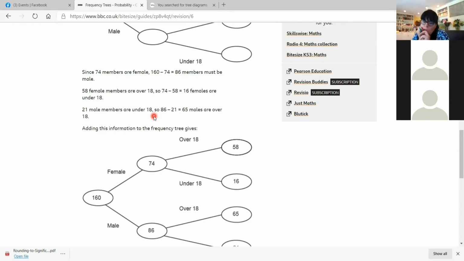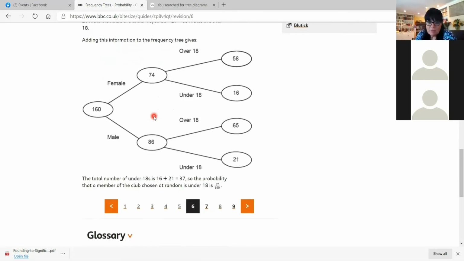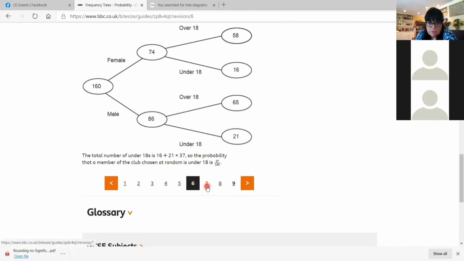Or under 18, whichever way you want to do it. And then you'll do exactly the same thing on those tree diagram lines, and then you will add them because it's or. You can't be a girl and a boy. You can be a girl or a boy.